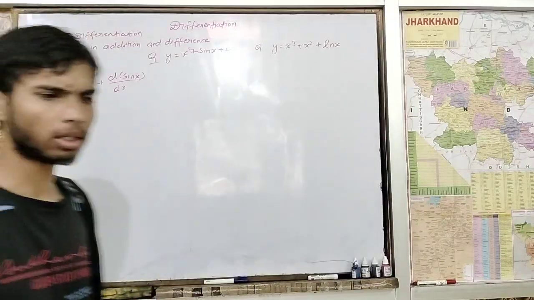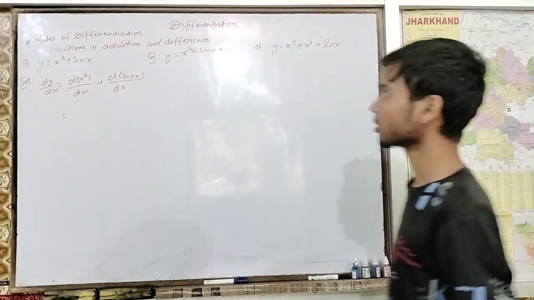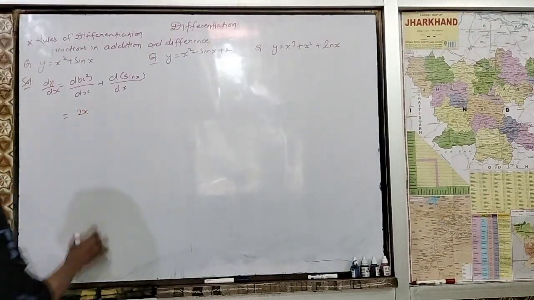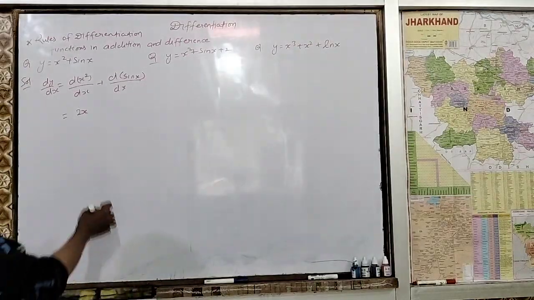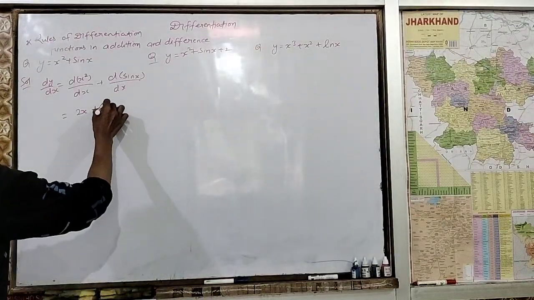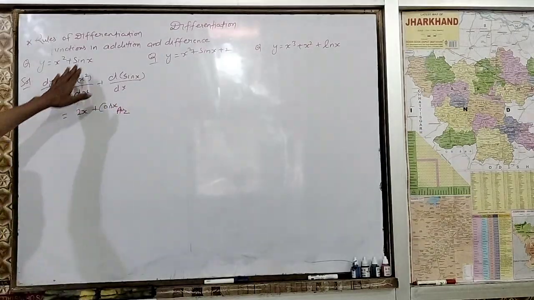In the place of denominator we have dx. Now here differentiation of x square is nothing but 2x, 2 minus 1 will be 1, plus differentiation of sin x is just cos x. Okay, this is your final output of this input.